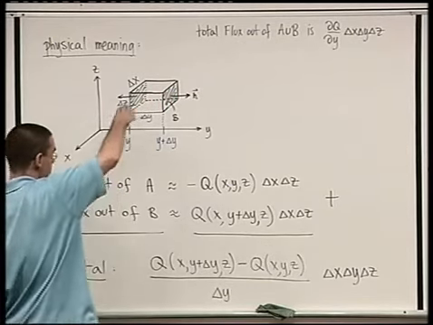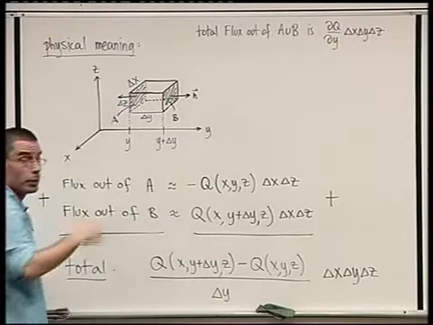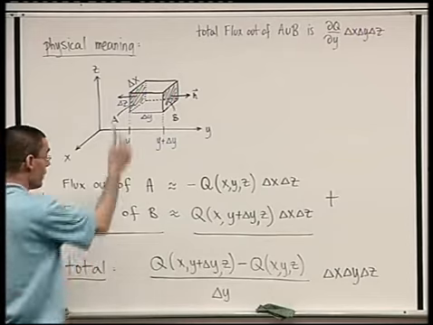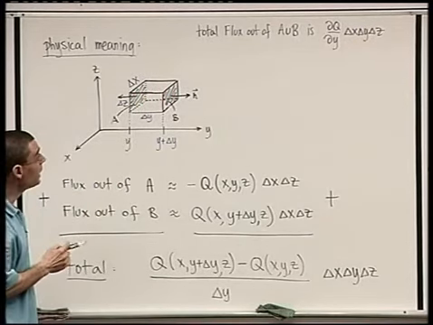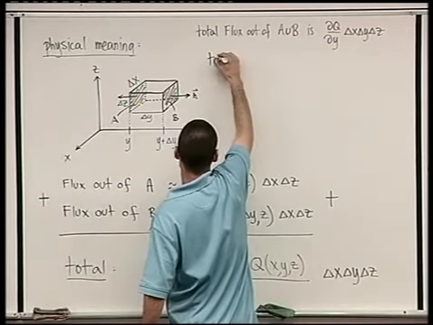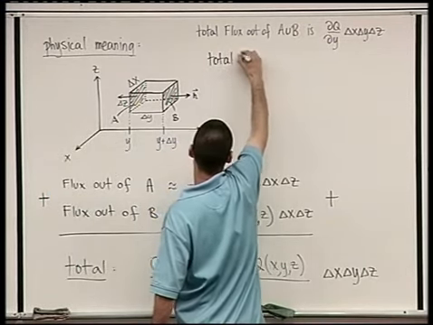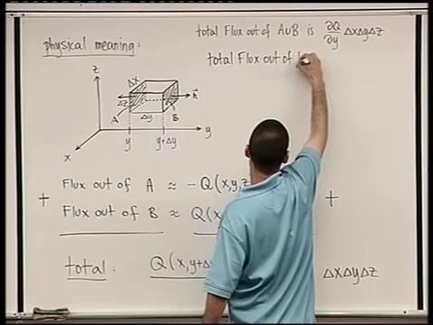And then you can do the same analysis for the top and the bottom. For those, the only component of the field contributing to the flux is going to be the r component of the field.